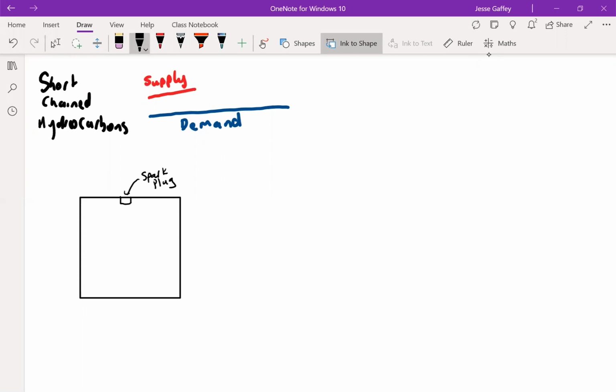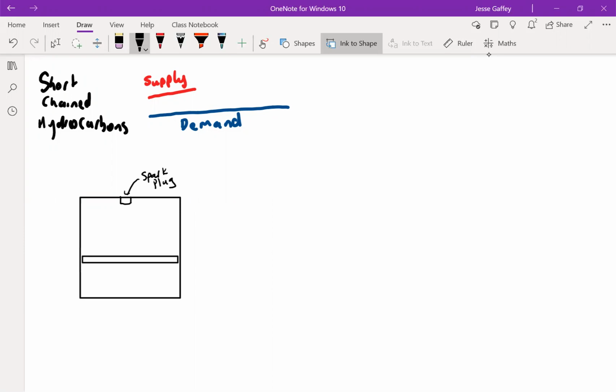So this square box represents what we call a cylinder in the engine. And this rectangle, although it looks like a rectangle here, would be a disc shaped object. So it's a disc inside the cylinder.